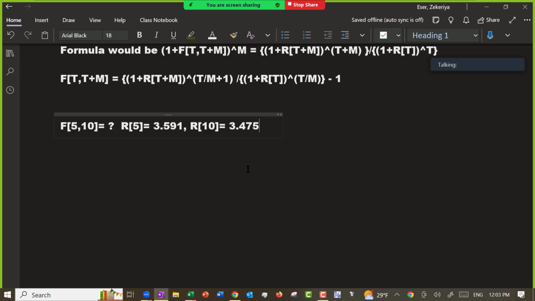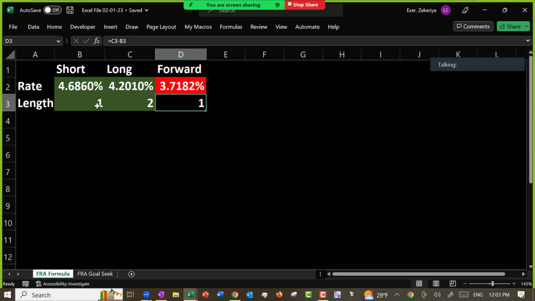And the example we have done should give you some idea. Remember, the 1-year forward 1-year rate is much smaller than both the 1-year rate and 2-year rates. That's because the 2-year rate is much smaller than the 1-year rate. So when the rates are downward sloping, forward rates tend to be much smaller, because that means the market thinks the shorter rates are going to be even less in the future.